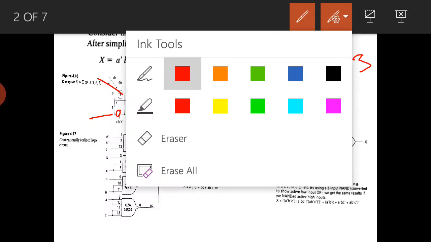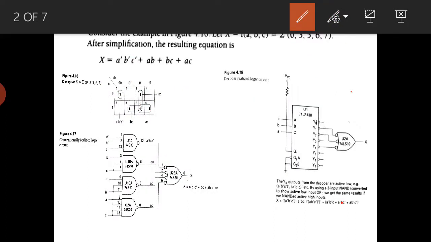Now what they did is, this is active low. You can see the circuit here. For example, if I give the input 0 0 0, as a 3-to-8 decoder we are using the 74LS138. This has active low outputs. So for 0 0 0, the first output Y0 will be 0, all other outputs will be high.